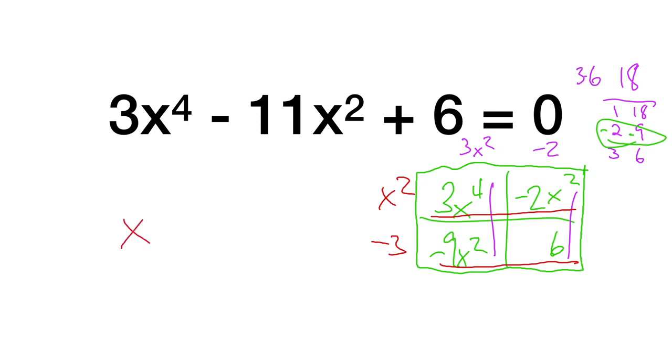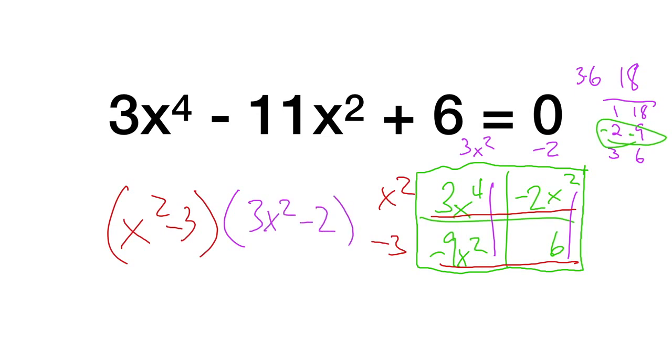So x squared minus 3 times 3x squared minus 2. So, because these are both minus, it becomes the square root of 2/3 for the purple part, and the other one, plus or minus the square root of 2/3, and plus or minus the square root of 3.